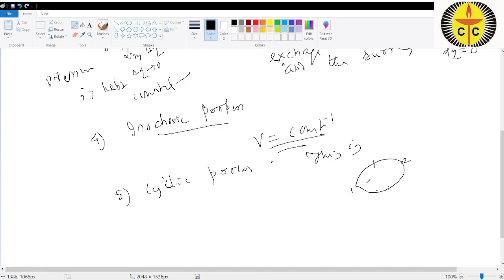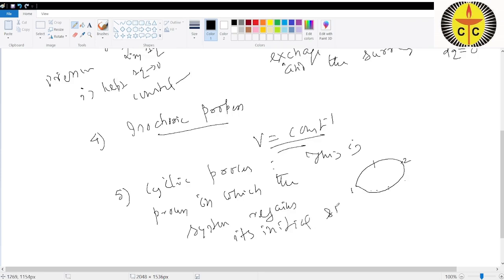This is called a cyclic process, the process in which the system regains its initial state.